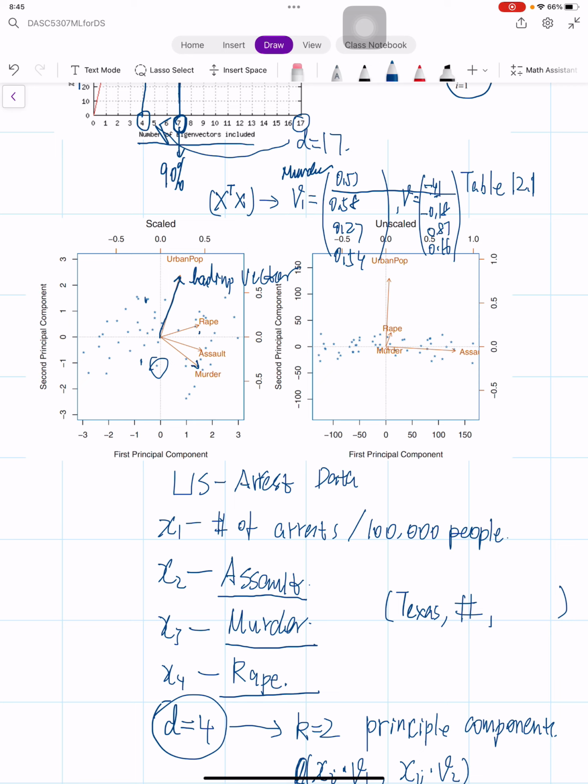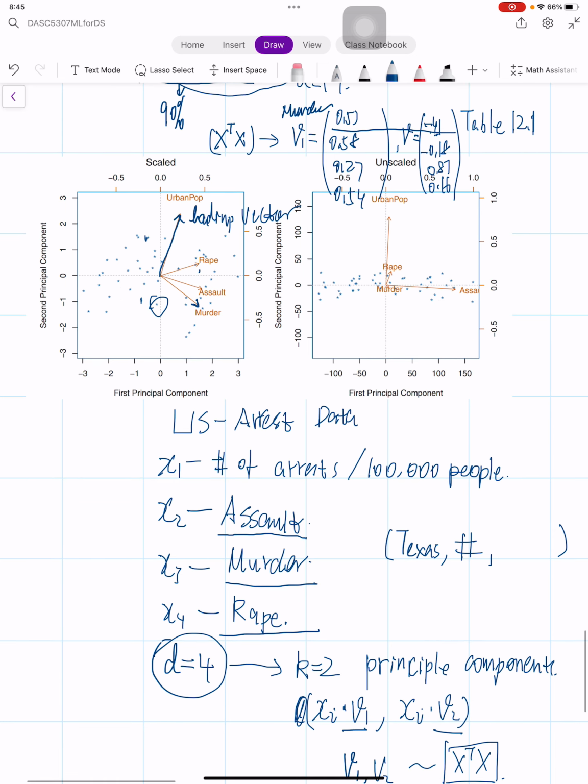So this is how we get these loading vectors. And we can see that in the first direction, the rape, assault, and murder variables have similar first coordinates.